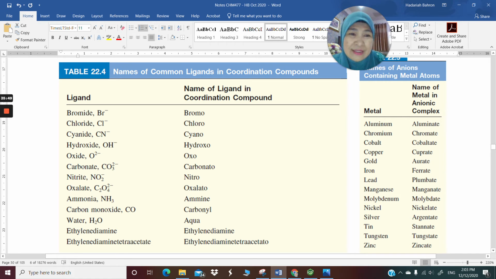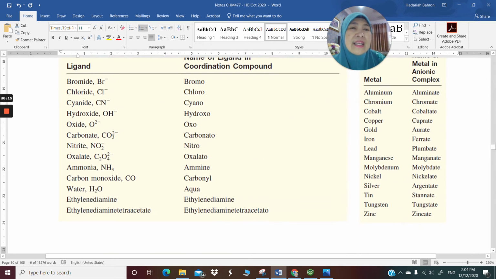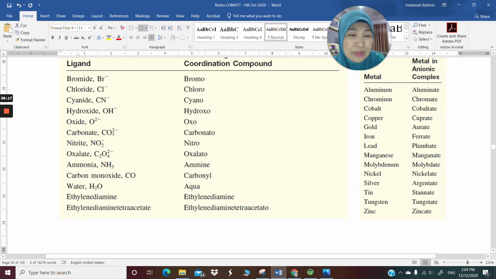Ammonia is amine, carbon monoxide is carbonyl, water is aqua, ethylenediamine is ethylenediamine, ethylenediaminetetraacetate is ethylenediaminetetraacetato. You have to put acetato because this is a negatively charged ion. EDTA is a negatively charged ion like you saw in the beginning of this lecture. So it's not tetraacetate, it is tetraacetato.